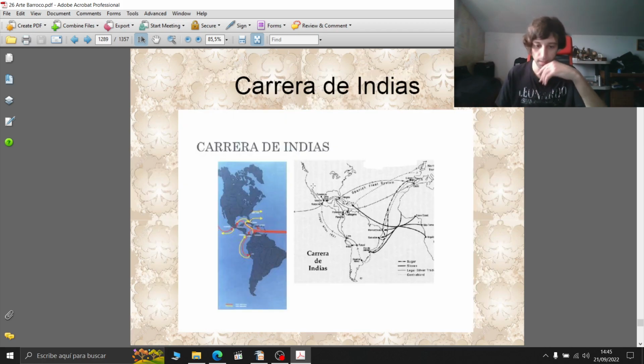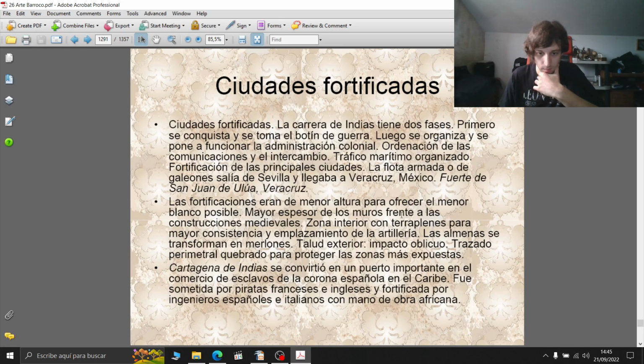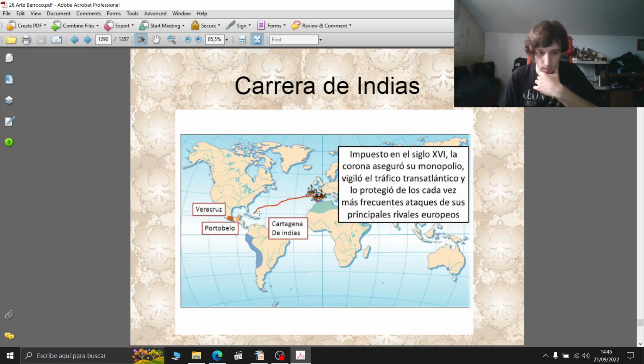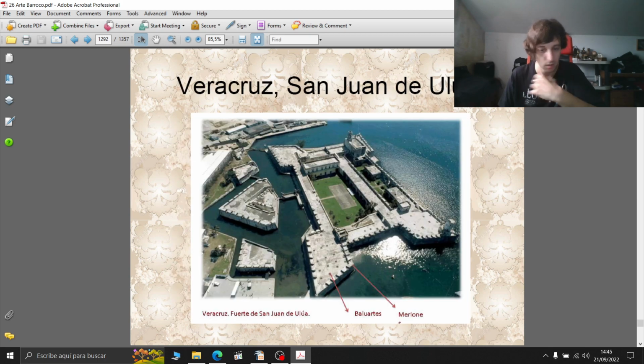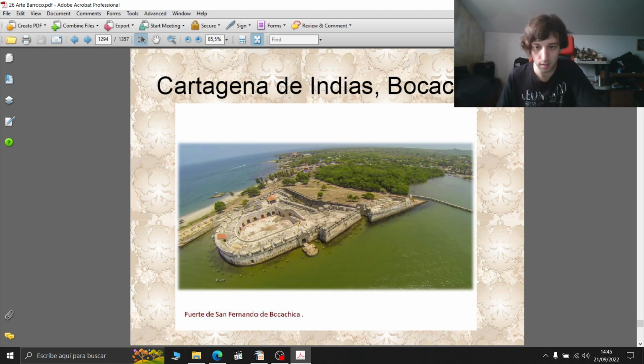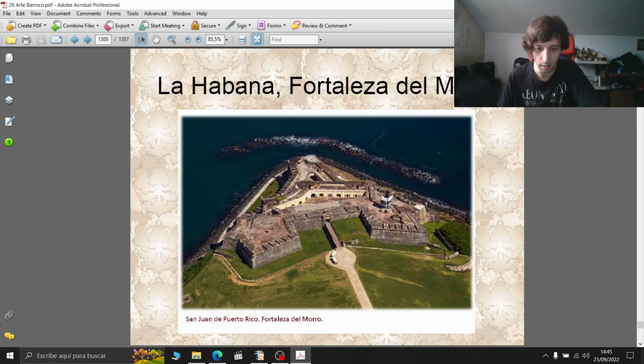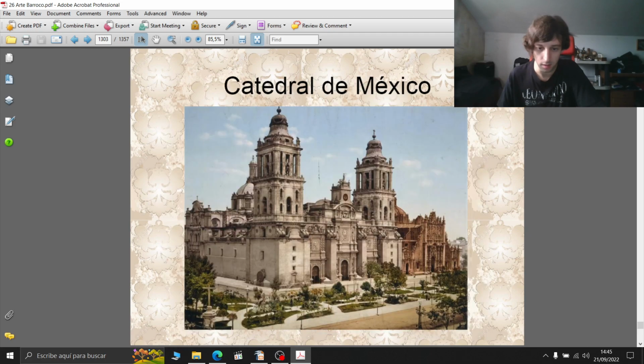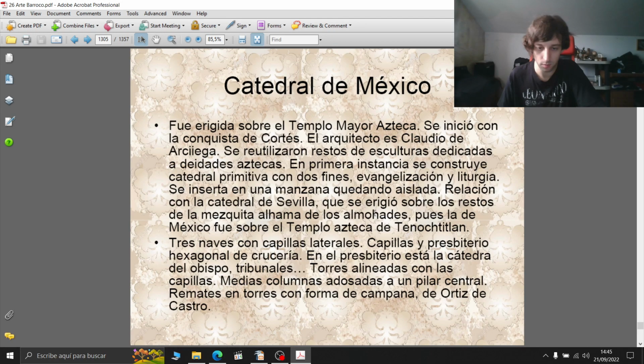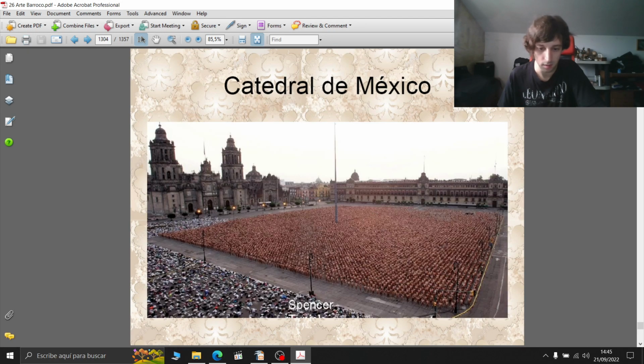This is the route. Fortified cities, San Juan de Ulúa, Boca Grande, Boca Chica, Portobelo, La Habana, Santo Domingo, México is the outside.